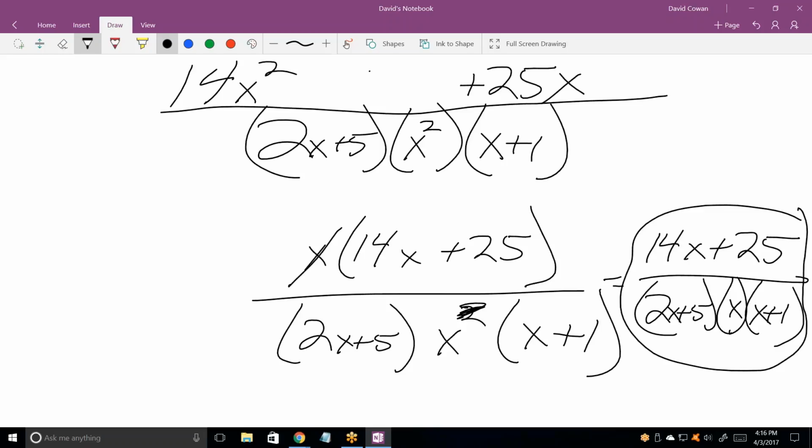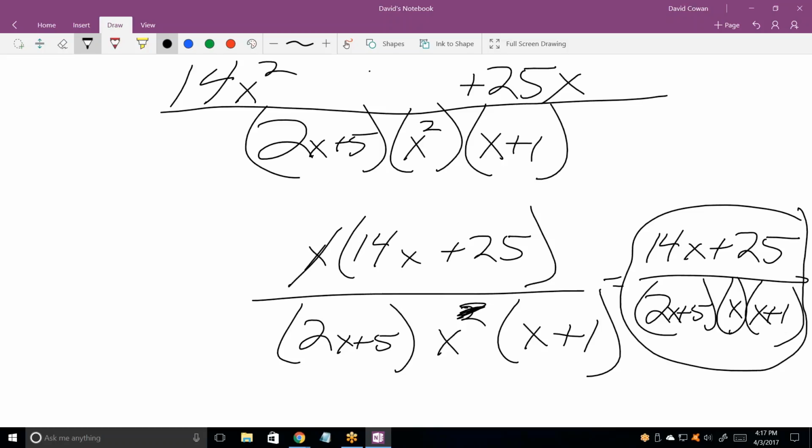Now, if I could factor the numerator further and possibly pull out a factor that was in my denominator, I would want to do it, obviously. But first of all, I can't. There's no greatest common factor that I can do.